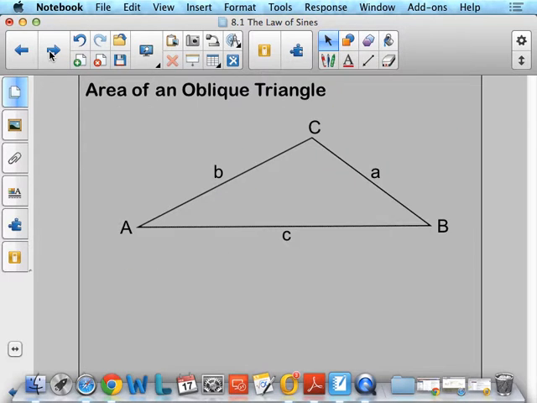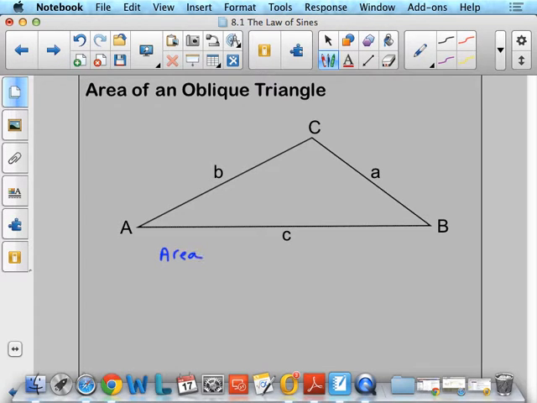All right. Last thing we're going over is area of an oblique triangle. These are just formulas and they're fairly short, so this part won't take very long. There are three formulas for this.